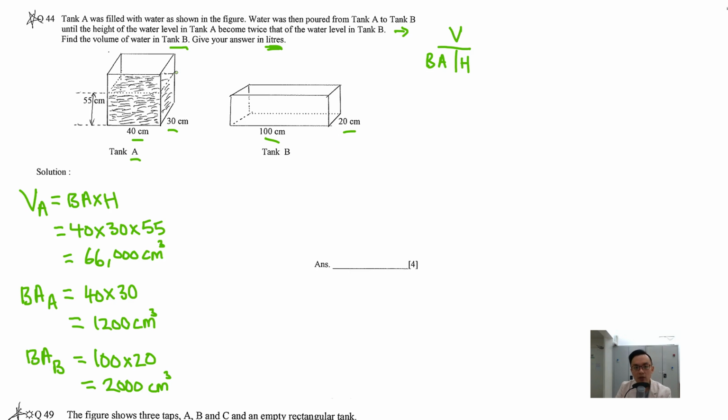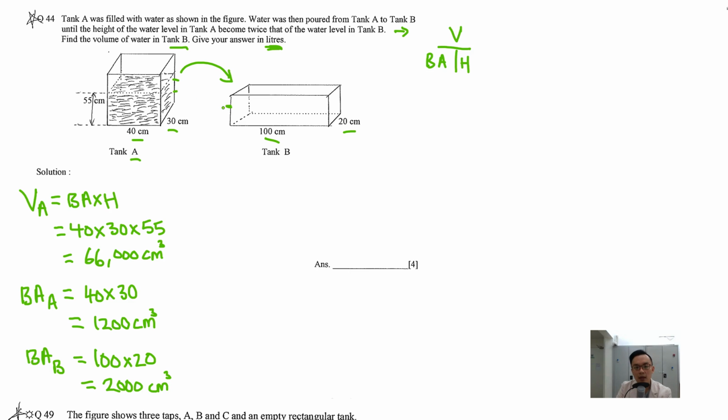Okay, so now is the key thing. So I pour from here to here until the height in tank A is twice that in tank B. So let's say I pour until the height reaches here. So tank A would then be 1 and 2. All right.